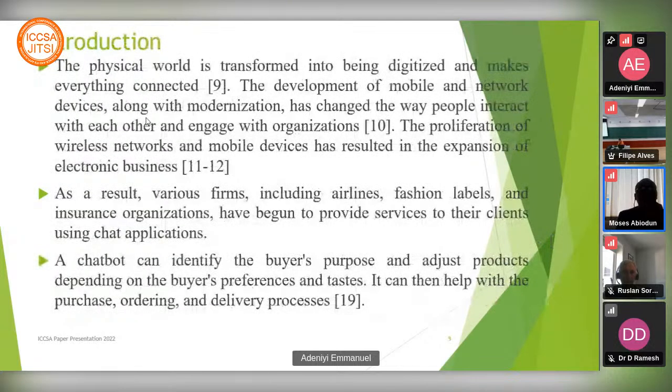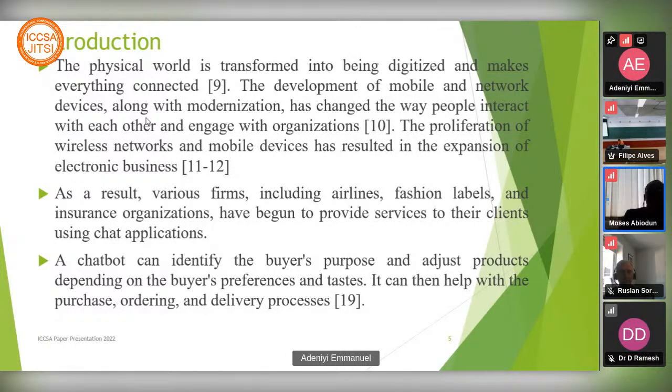The physical world is being digitalized and everything is becoming connected. The development of mobile and network devices, along with modernization, has changed the way people interact with each other. When you are busy, it's easier to use a chatbot.